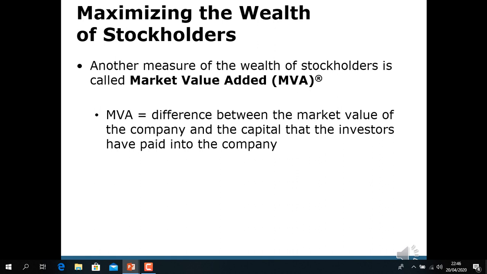MVA is closely related to the concept of economic value added, or EVA, that we'll explain in the next slides, which represents the net present value, or NPV, of a series of EVA values. A company's MVA is an indication of its capacity.